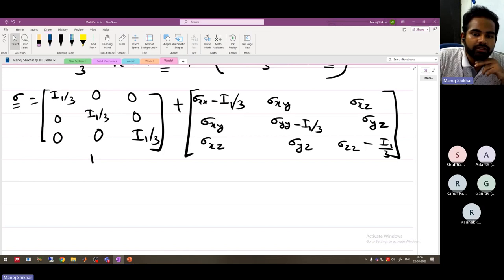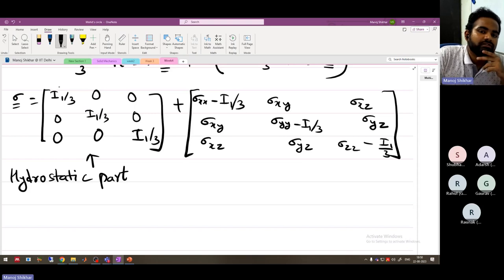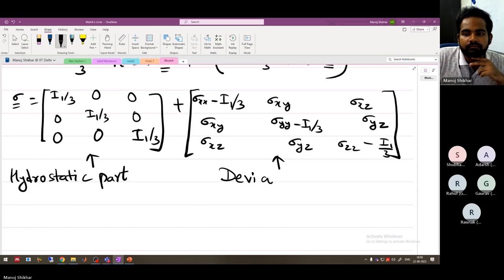This is called the hydrostatic part, because this resembles the pressure application of a hydrostatic fluid. This is called the deviatoric part.